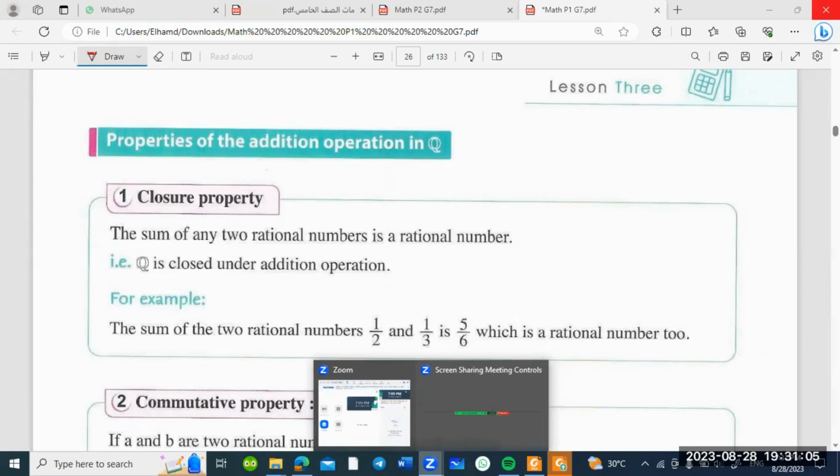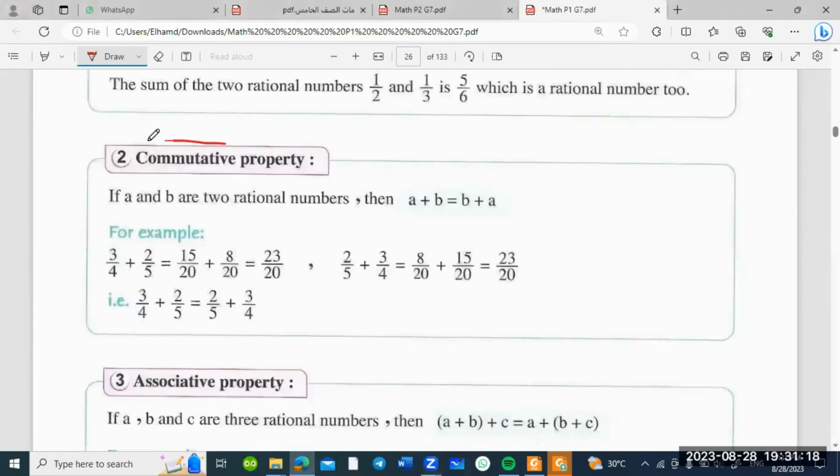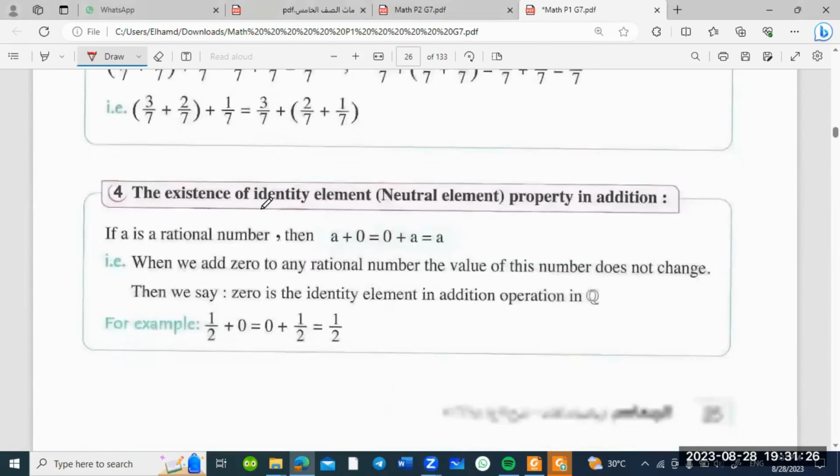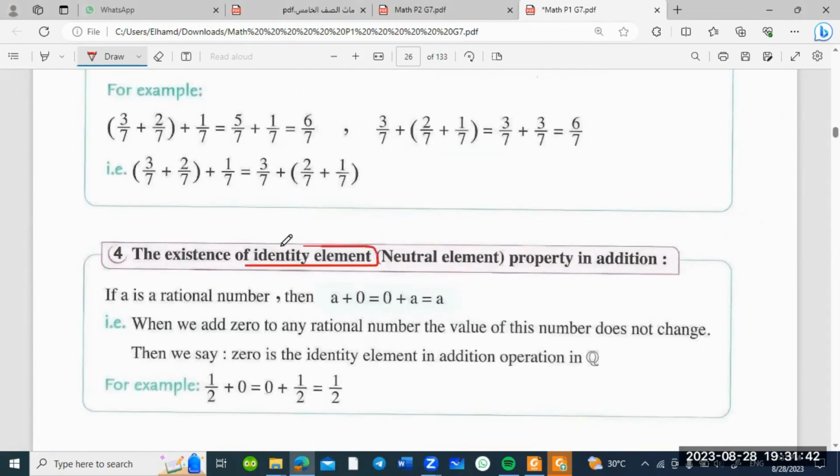Do you remember the commutative and associative properties when we studied them in grade 6? So here we have the closure property, the commutative property, the associative property, and we also have two new properties, the identity elements.